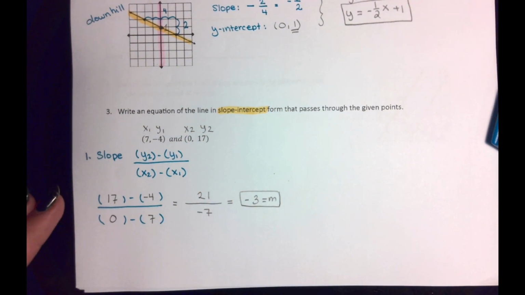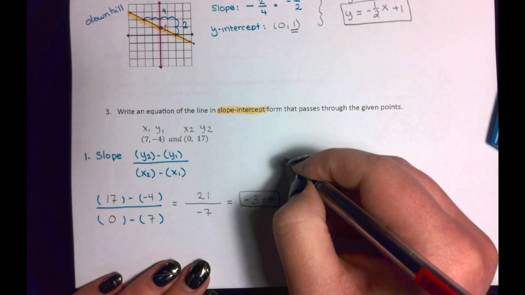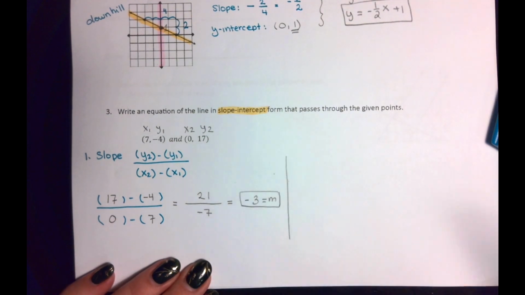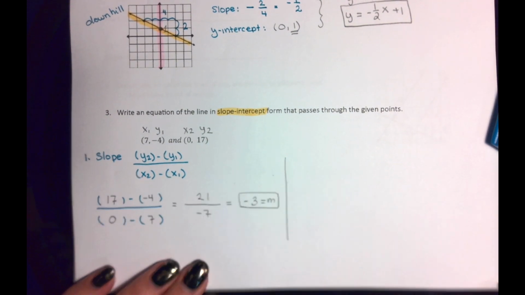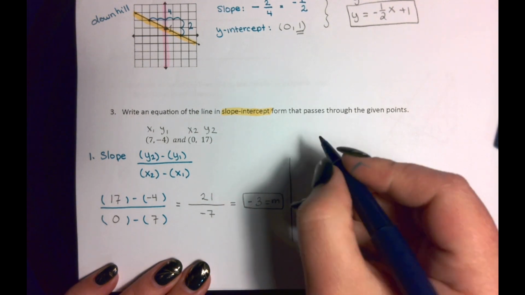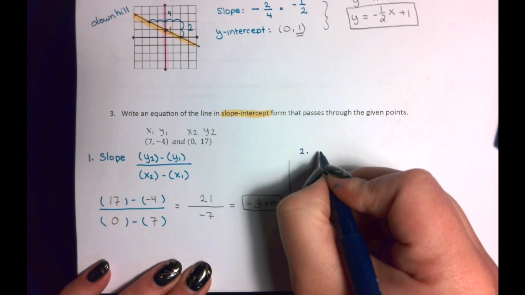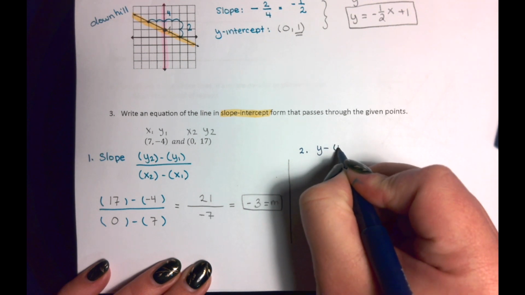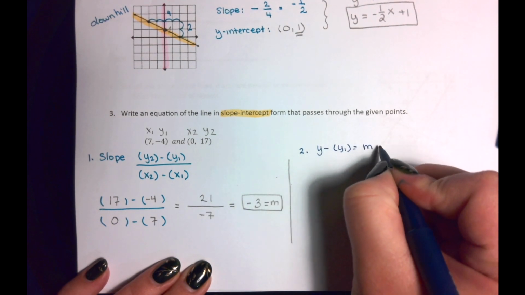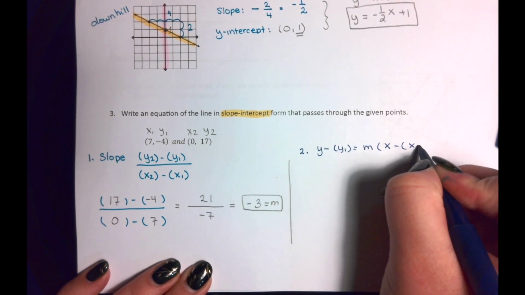After you solve for slope, you're going to use the point slope form, which is y minus y1 equals m times x minus x1.